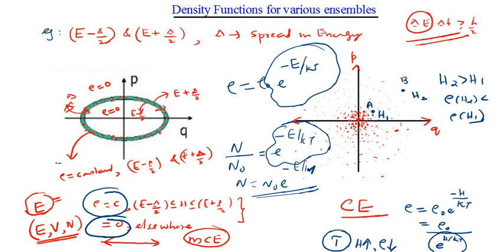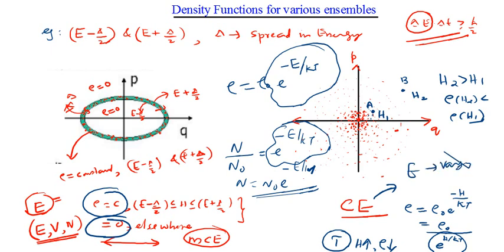And if the density function is exponentially decreasing with the Hamiltonian of the system, then such a density function represents what is known as the canonical ensemble. Why do we say this is a canonical ensemble? The reason is that in a canonical ensemble we permit energy to vary. E is varying.